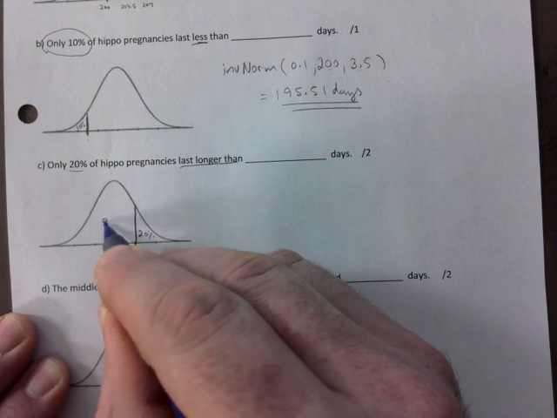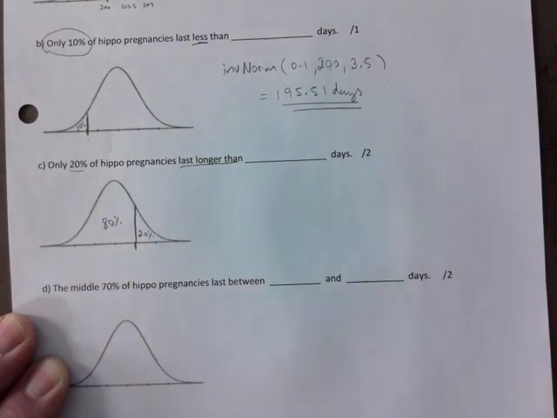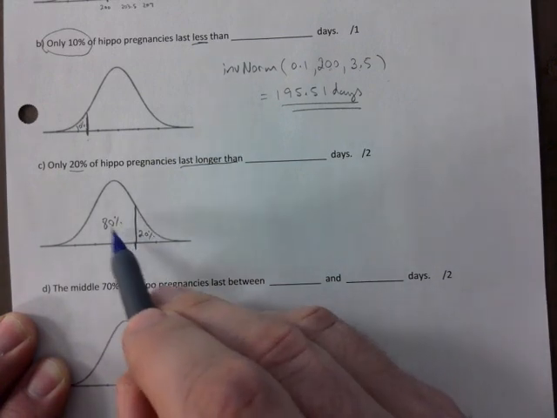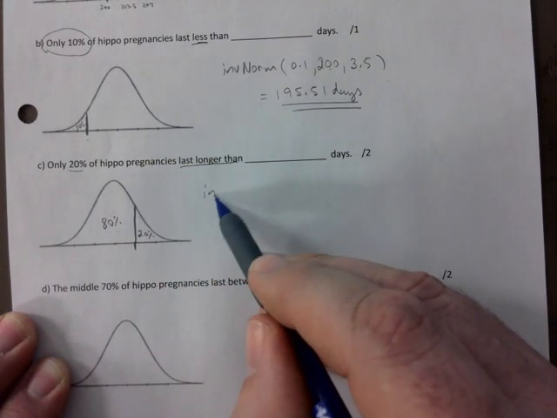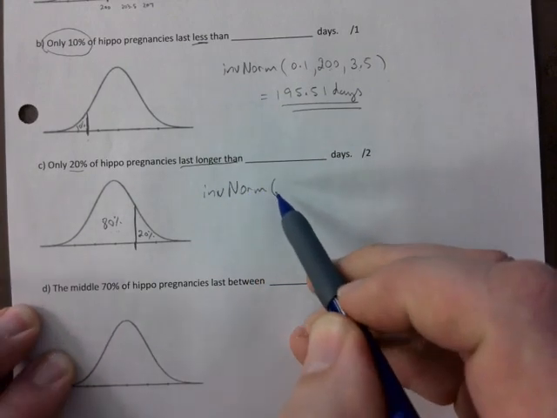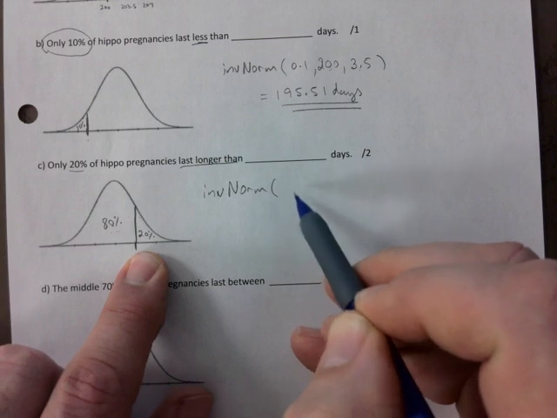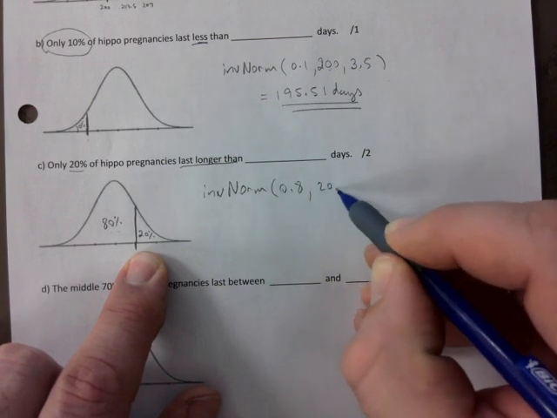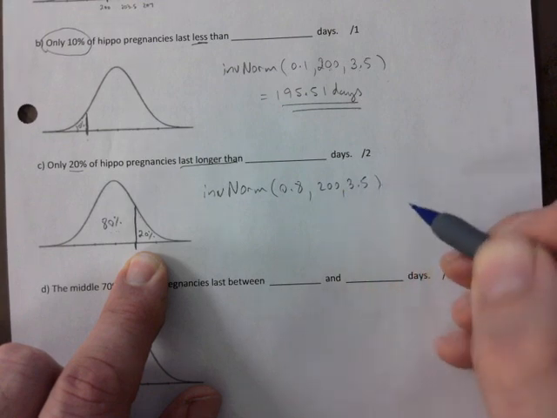I already did 20, 80 earlier, didn't I? Anyways, it's okay. You needed to know, so this gives you a mark. If I go to inverse norm and you put in 0.2 here, you're going to lose a mark. It's supposed to be 0.8, 200, 3.5.